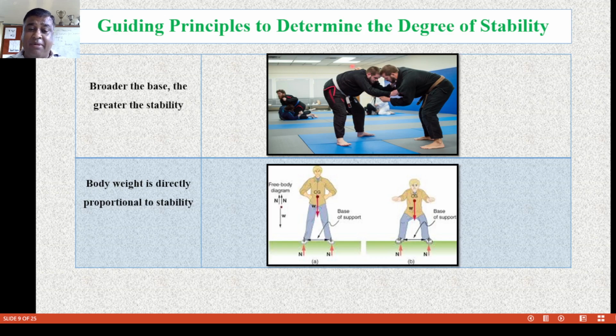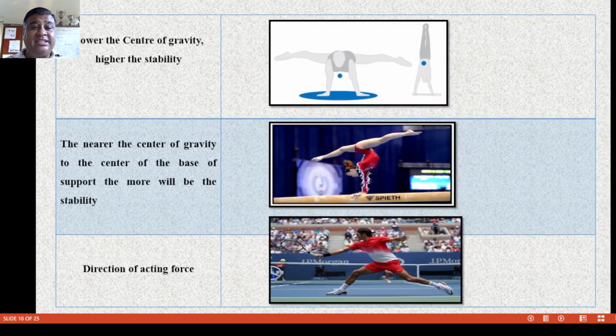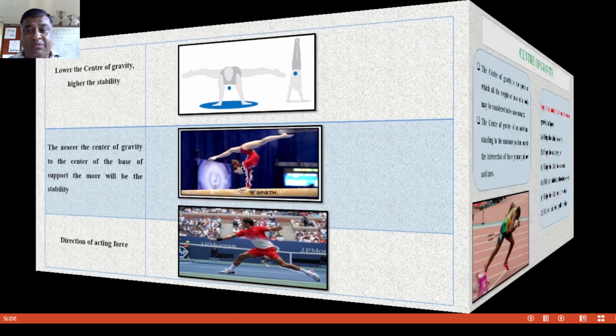Body weight is directly proportional to stability. Your body weight and base of support are determined, where stability is directly proportional. Next, the lower the center of gravity, the higher the stability. If we lower the center of gravity point, the body will be more stable. The nearer the center of gravity is to the base of support, the greater the stability. And last, the direction of the acting force should be proper, where we are applying the force.